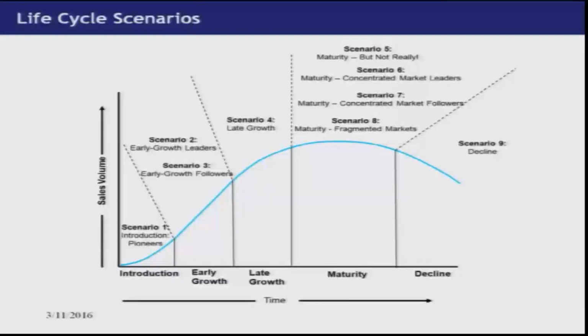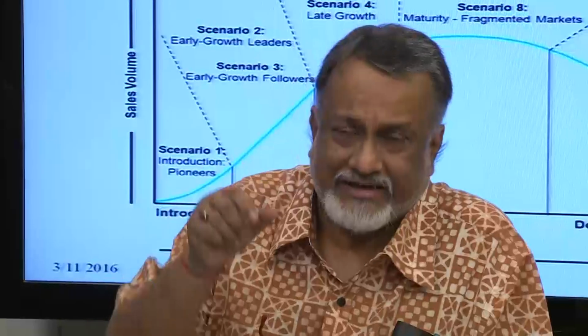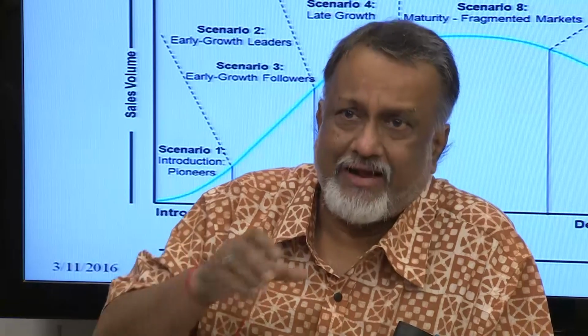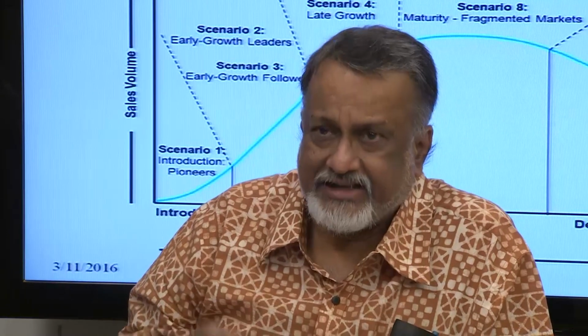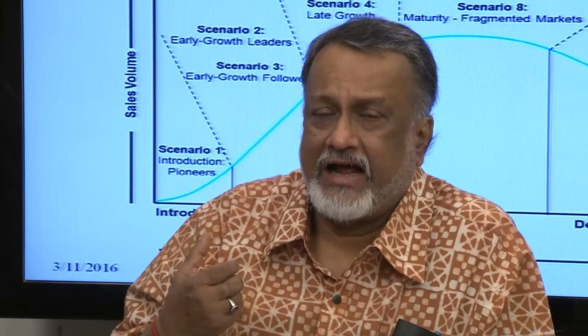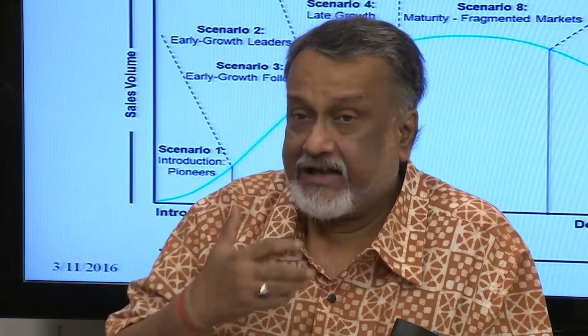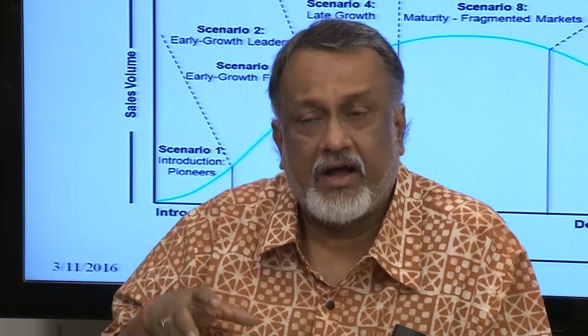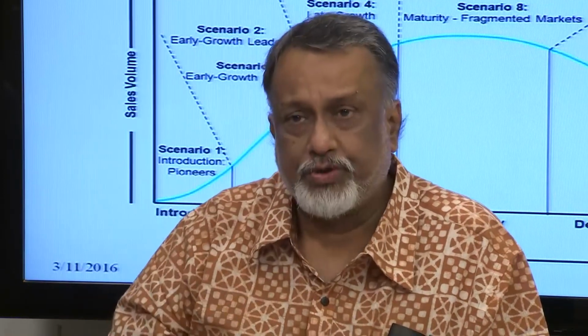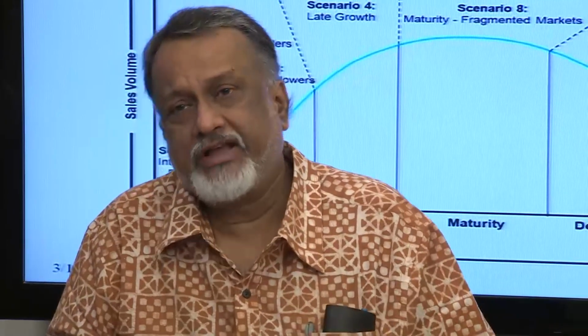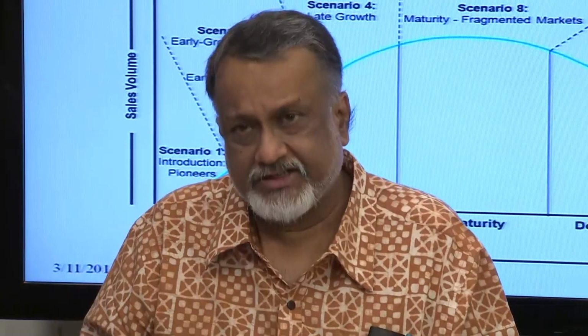So, first we have what we call the introduction stage. The kind of buyers we are looking for at that stage, we call them the pioneers. These are people who are risk takers. These are people who may be well known to you, so they may favor you with their initial purchase.